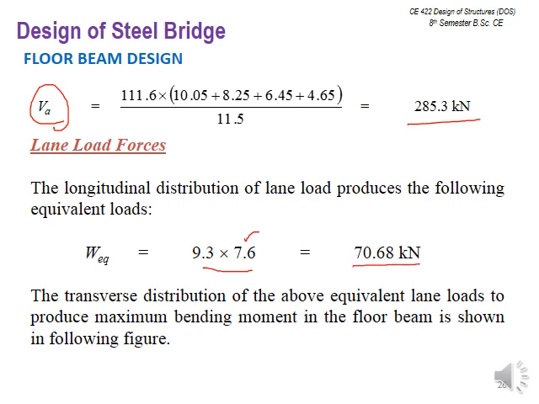The transverse distribution of the above: this is the longitudinal distribution, the W equivalent you have calculated. Now this W equivalent, 9.3 multiplied by 7.6, needs to be placed in the lateral, transverse direction to get the maximum bending moments in the floor beam.